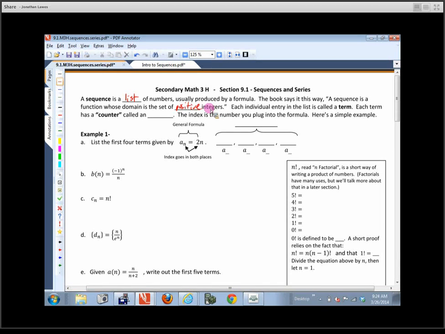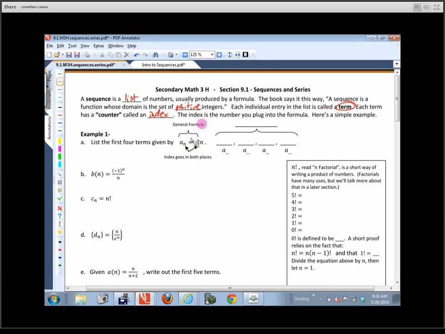Okay? So each individual entry in our sequence is called a term, and each term has a counter that we call an index. Okay? And the index is a subscript. It's the number that you plug into the formula. So if somebody says, hey, I've got a sub n, okay, that's what we call the nth term of the formula. Okay?